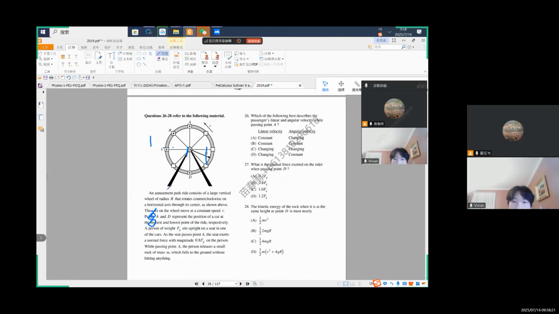26. An amusement park ride consists of a large vertical wheel of radius r that rotates counterclockwise on a horizontal axis. Points A and D represent the position of a person.